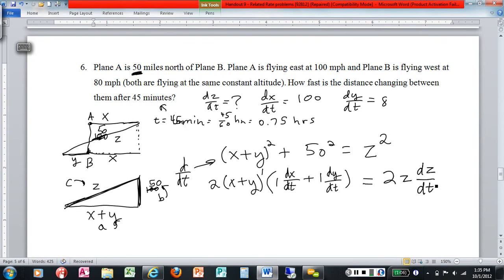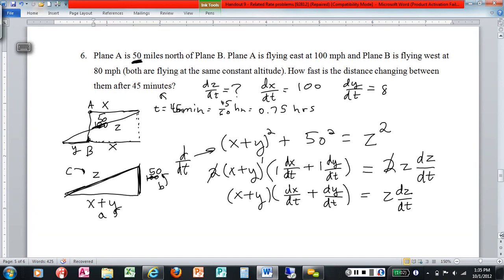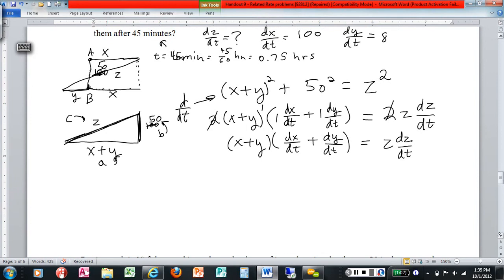And I do like to cancel those 2's out. You don't have to, but I like to. All right, so clean this up a little bit: (x plus y) times (dx/dt plus dy/dt) equals z dz/dt. Hope I said that right first time. All right, so we d/dt'd it.